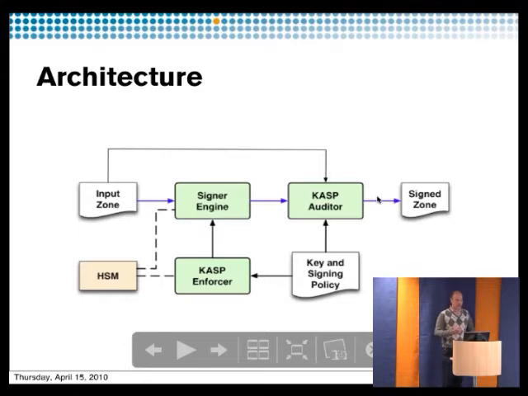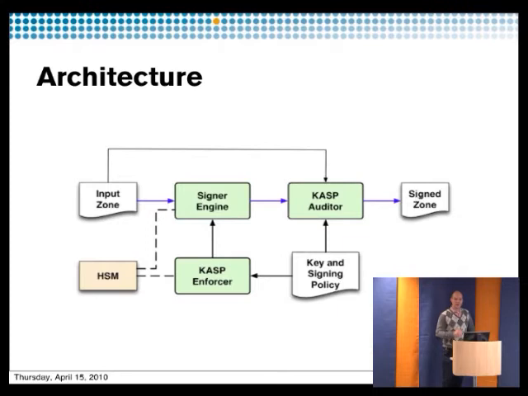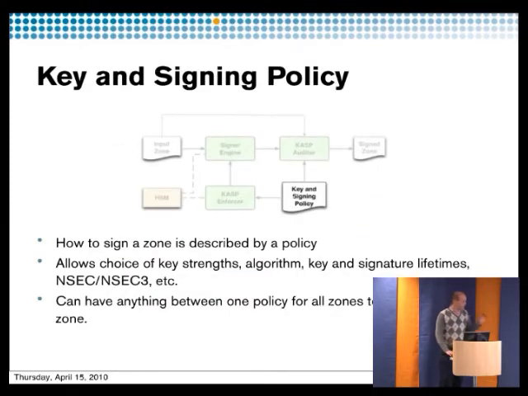And if everything is okay, we have a signed zone delivered, and then you can output it on your name servers. I'll go a little bit more into detail about the different parts of the architecture.